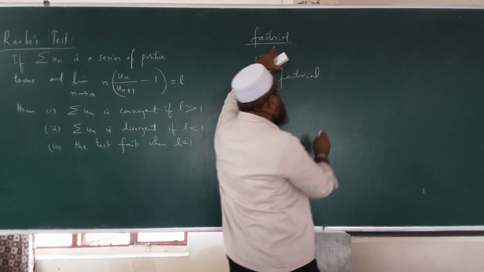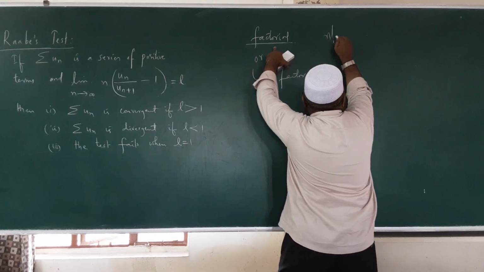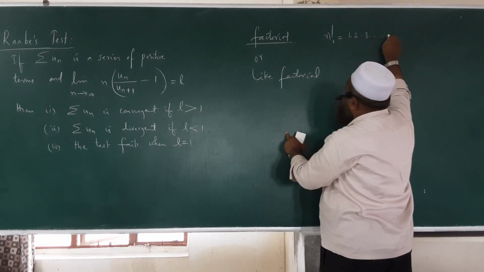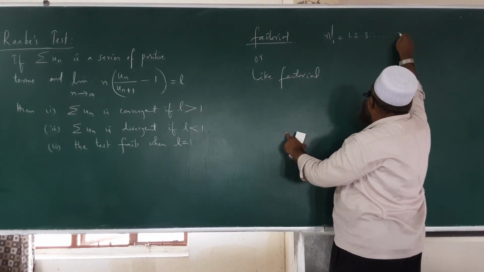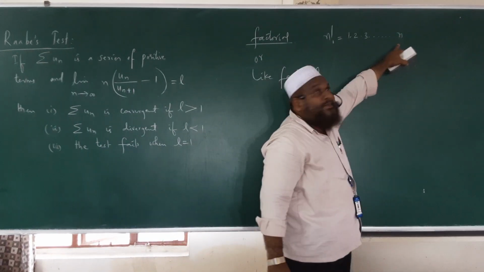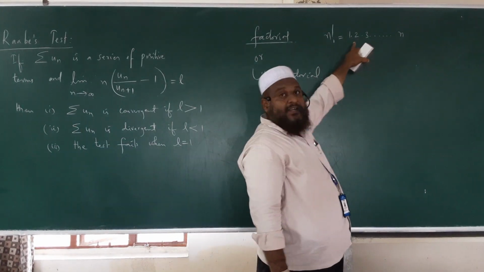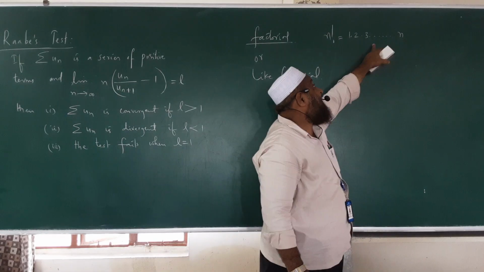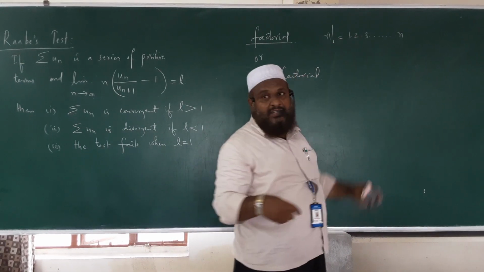When you say factorial, n factorial is equal to 1 into 2 into 3 and so on up to n. So that so-on concept is there. You start with some factor and take so many factors, and so on. Now this is the concept of a factorial.